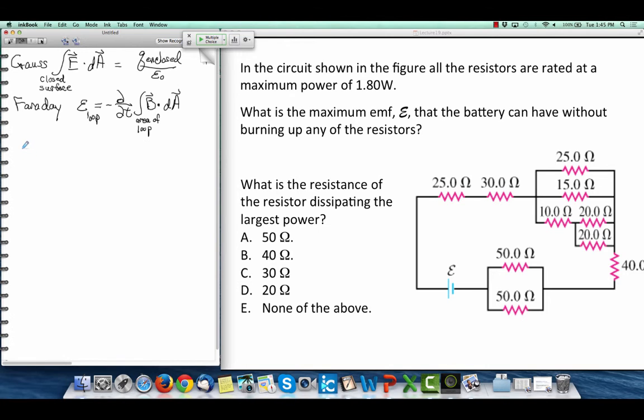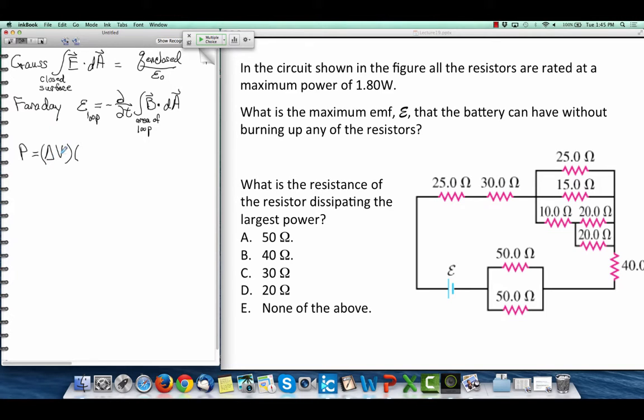So maybe I will just remind you here that power is energy per unit time. Voltage is energy per charge. So I have energy per charge. That gives me some measure of energy. But if I want energy per unit time in some circuit element, then I need the voltage difference across it.